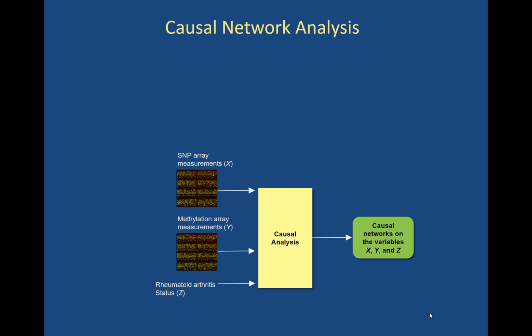These then become input to our causal analysis, and for each type of X, each type of Y, and for Z, we do the kinds of causal network analysis that we saw earlier in the hypothetical example, where we find the networks among X, Y, and Z that are consistent with the constraints found in the data for that X, Y, and Z.